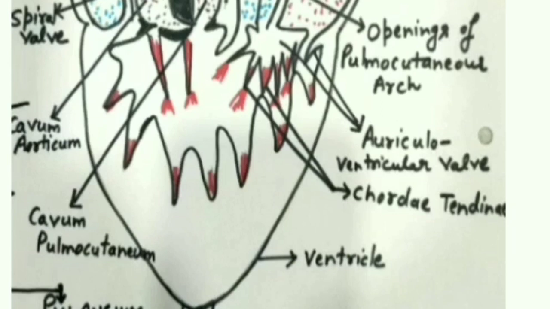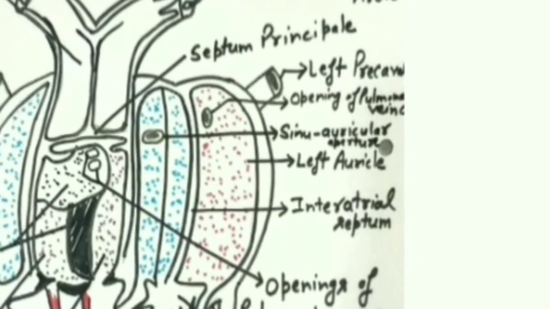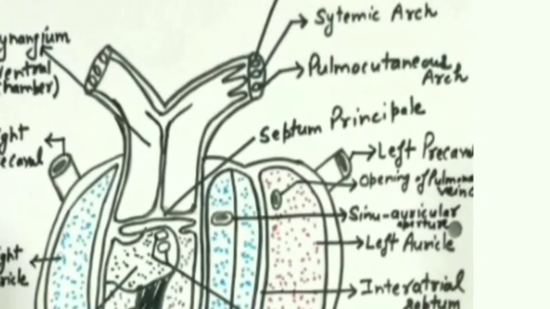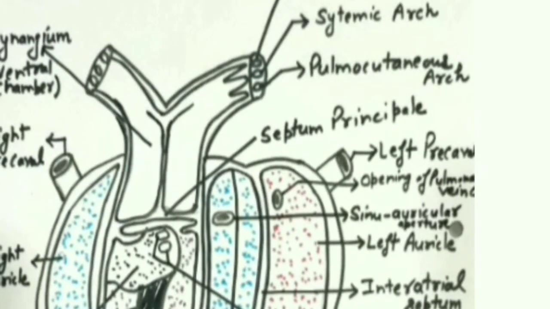Now you see the upper part, synangium. Synangium is the distal part, I told you. It is the distal and smaller part, and it is divided into two chambers again by a partition called septum principale. There are two chambers, the dorsal chamber and the ventral chamber.